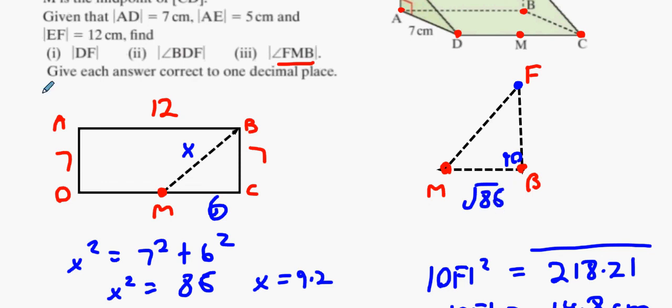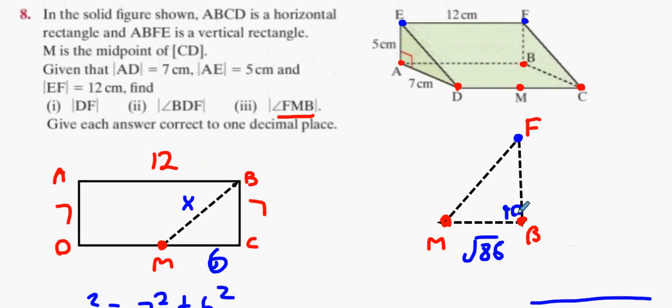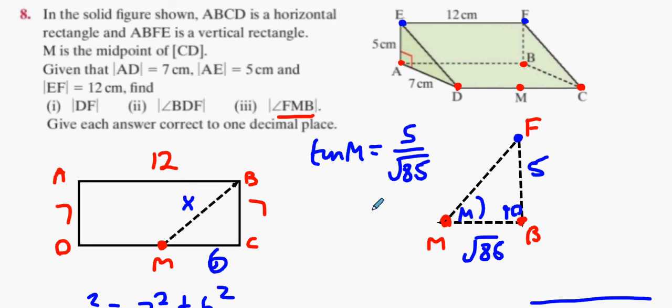What's F to B? 5. What angle are we looking for? Call it angle M. Is that alright? So what's tan M then? Yeah. And then M is tan inverse that. I'm expecting a pretty small answer, I'd say. Below 45, I'd say. 28.5? Right.